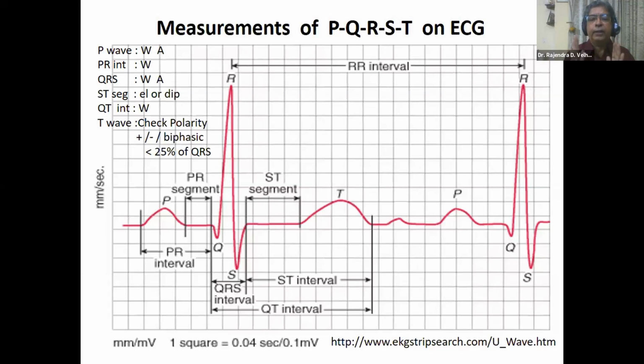So RR interval gives us an idea regarding whether there is a normal sinus rhythm or a sinus arrhythmia. Similarly, 3000 divided by RR interval will give you the heart rate of the patient. Just on standing also you can calculate that. Now, whenever I speak the figures, those will always be with the default measurement of my ECG at 50 millimeter per second.